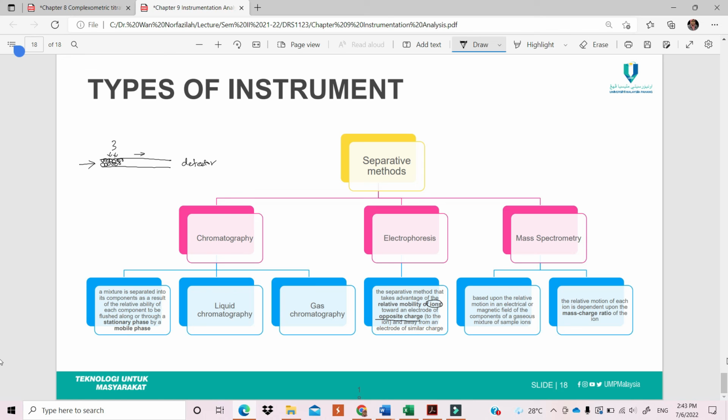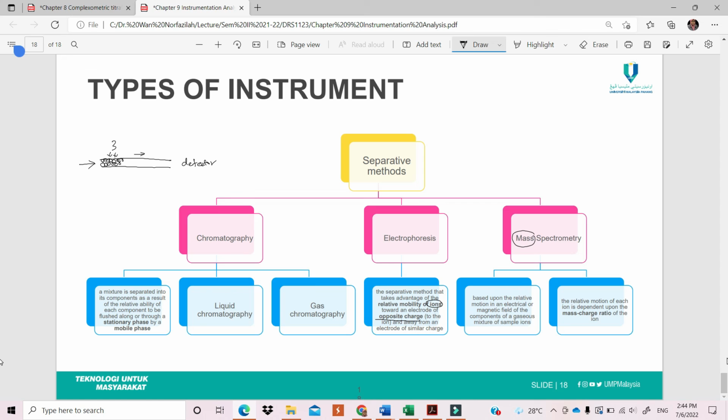Okay, and the last one we have is mass spectrometry. So mass spectrometry, the name has mass in front. Okay, of course you will deal with the mass. So mass spectrometry is based upon the relative motion in an electrical or magnetic field of the components of a gaseous mixture of sample ions. So the relative motion of each ion is dependent upon the mass to charge ratio of the ion.